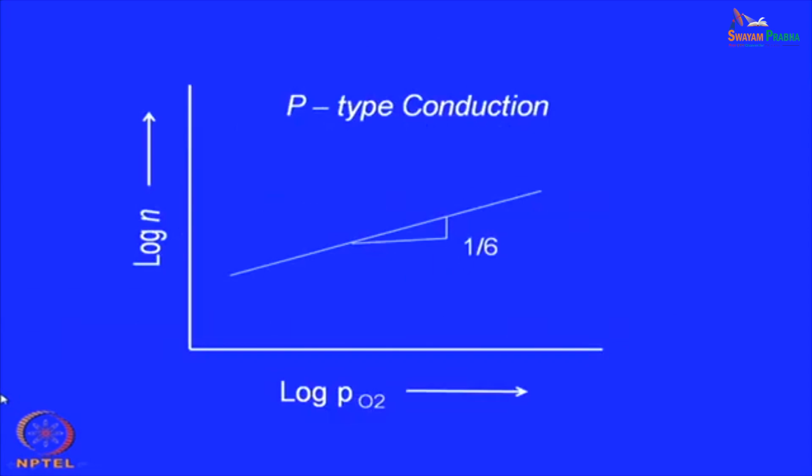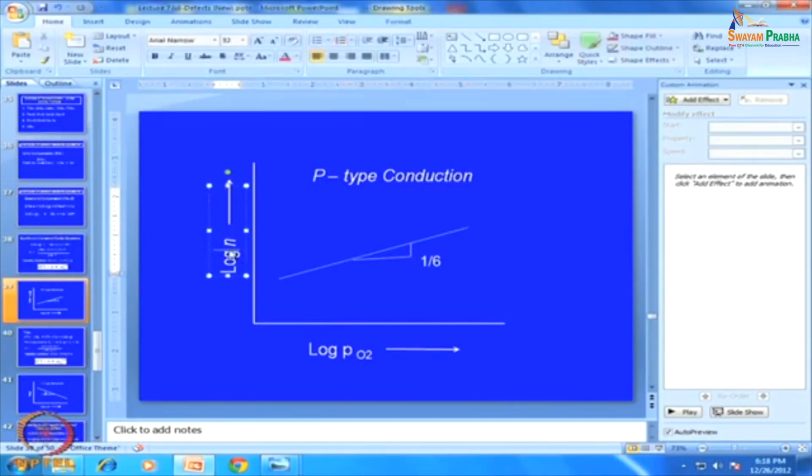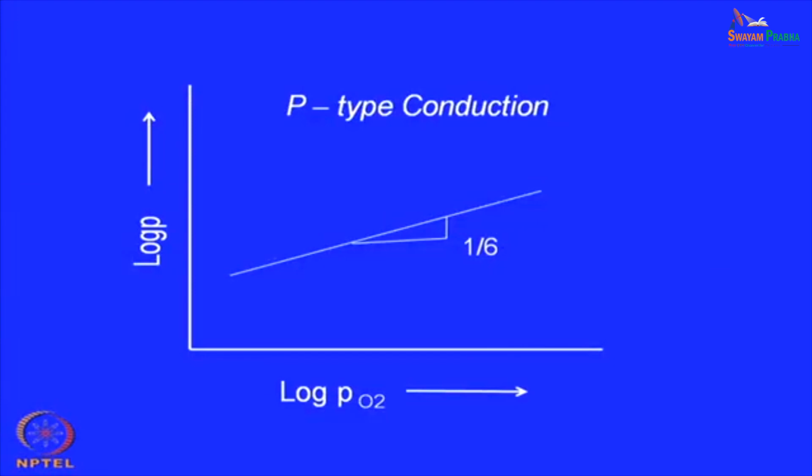if you make a log plot. I am sorry, this will be P again. This is log P against log PO2.